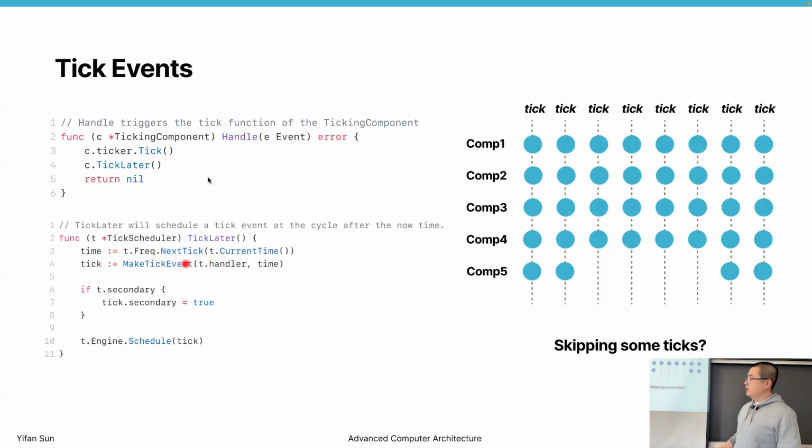Now for frequency, we have functions like NextTick, ThisTick, or NCyclesLater, these commonly used functions, so that we can easily calculate time relative to the current time. Okay, so there are several functions, but NextTick and ThisTick are probably the most commonly used methods.